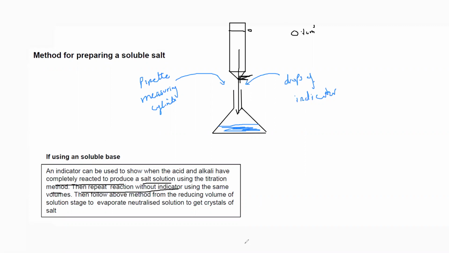Because if the indicator is there and we extract the salt from a solution which contains an indicator, it will be a colored salt, or the crystals will also have the color of the solution. So using the same volume, follow the method for reducing the volume of solution and evaporate, and you get the crystals out. Is it clear? That is how to obtain a salt by reaction between acid and base.